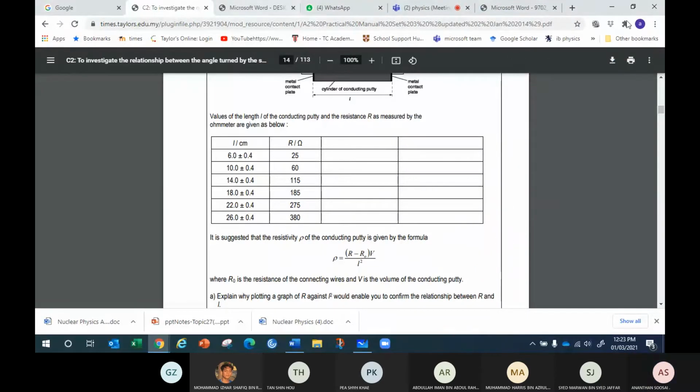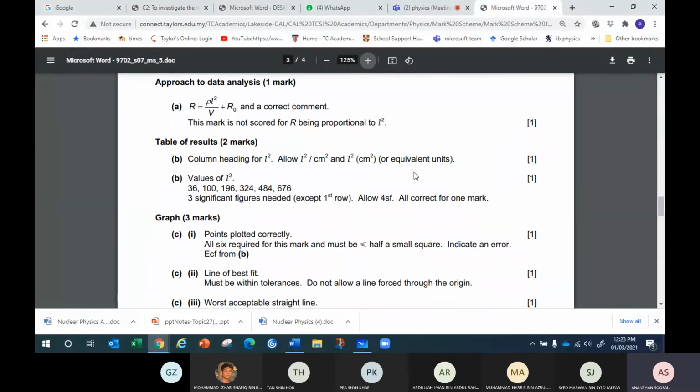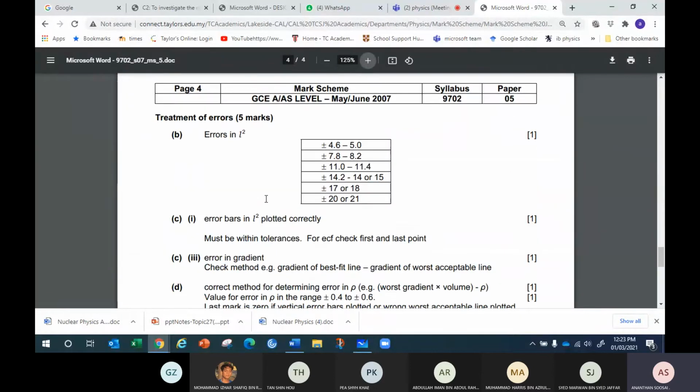Okay, so we go to the coordinates. The value of L squared is expected for this. But let's go for the changes of L. This is your changes of L. Check your data. Is it your changes of L? They give a range because there are two techniques to find the error.